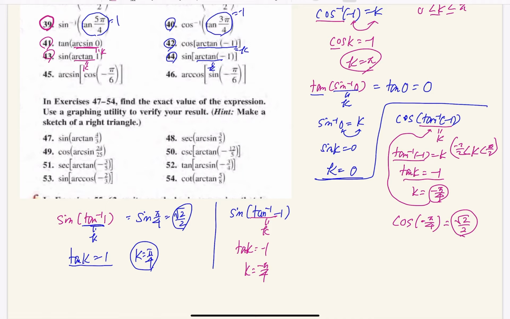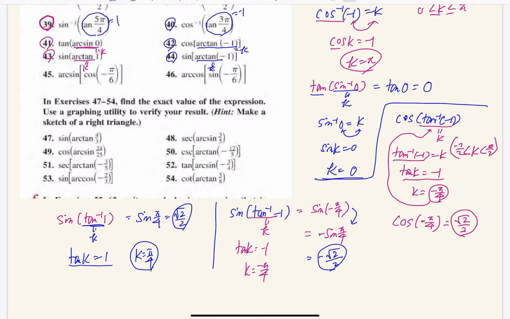So k is negative pi over 4, which means sine negative pi over 4. Sine negative pi over 4 is equal to negative sine pi over 4 because sine is an odd function. So what is sine pi over 4? Root 2 over 2. So the answer is negative square root of 2 over 2.